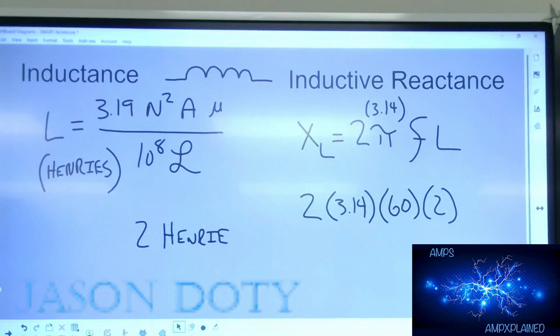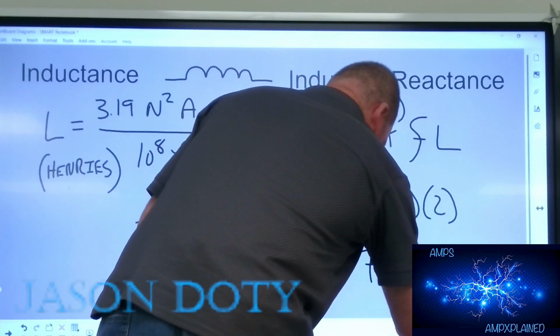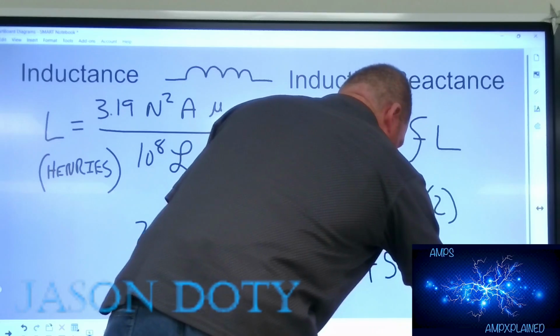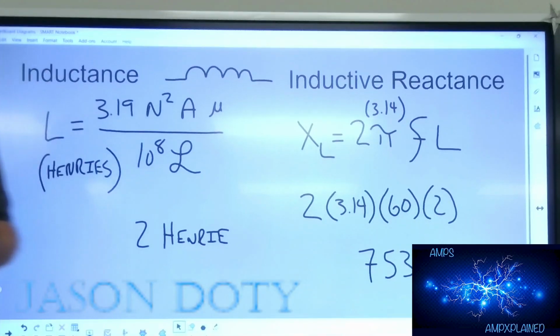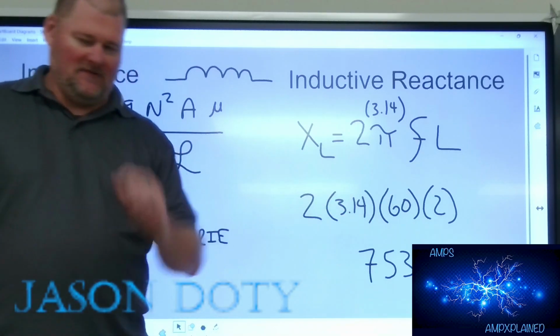If we take those numbers and plug them into our calculator, straight multiplication, nothing goofy going on, we will get a result of 753.6 ohms. 753.6 ohms for a 2 Henry inductor at 60 hertz.